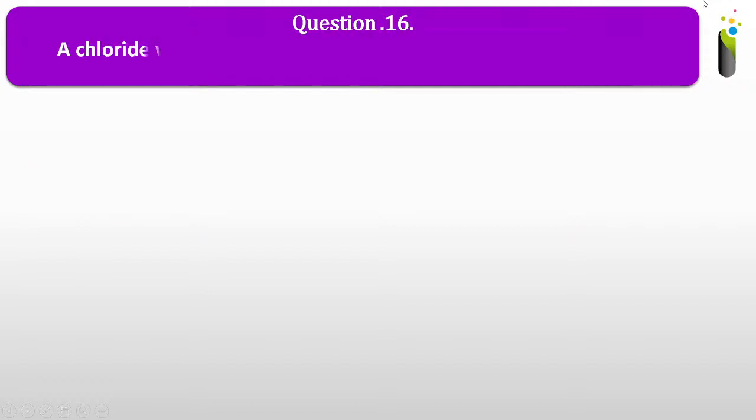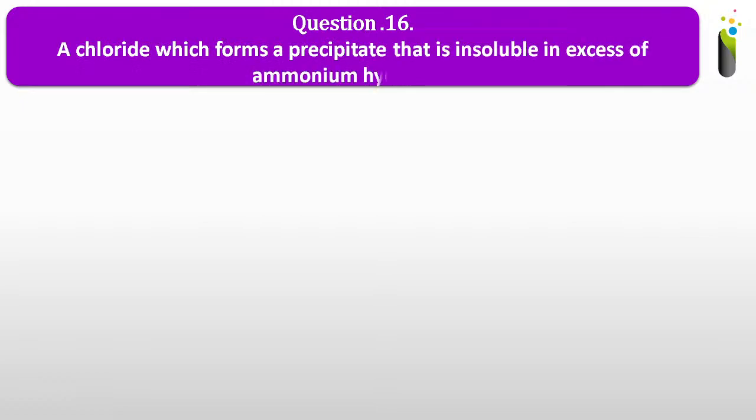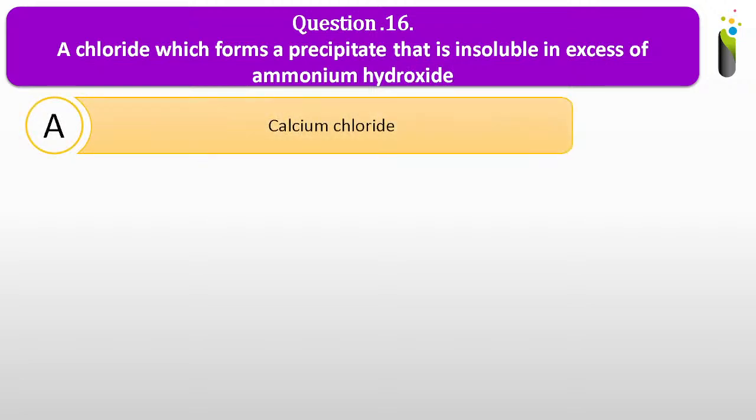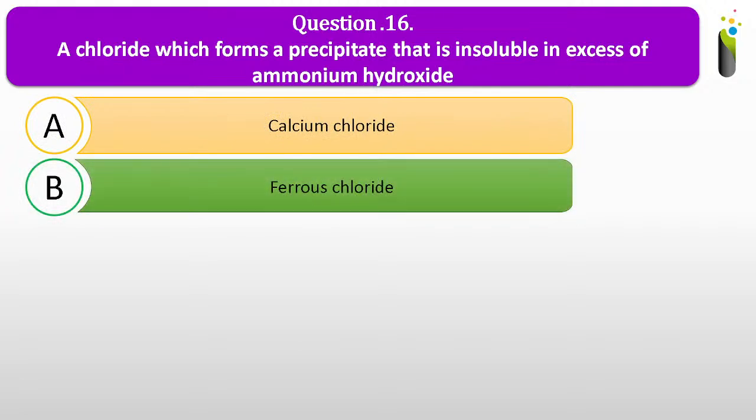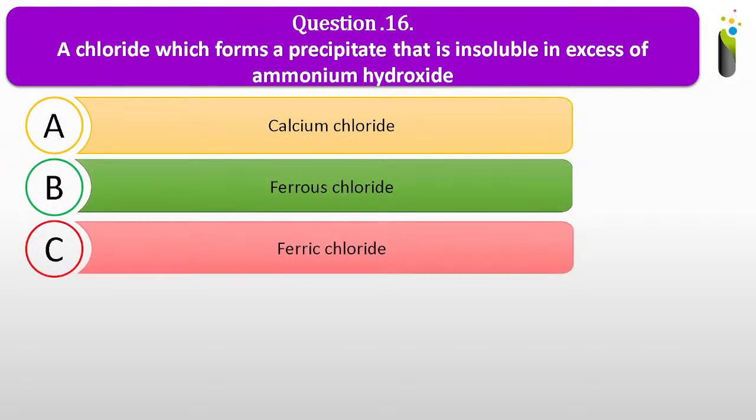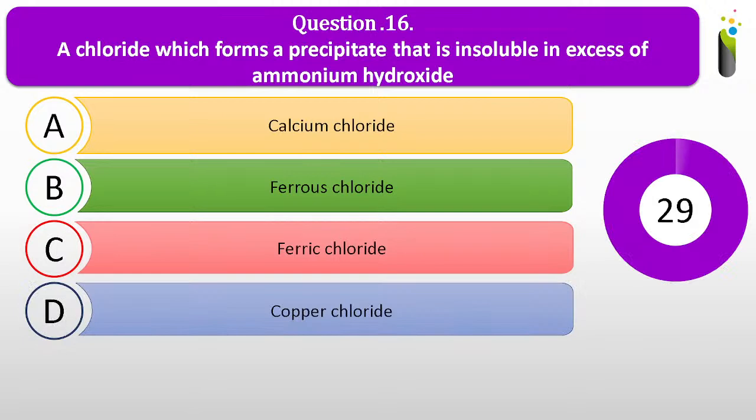Going ahead to question number 16. A chloride which forms a precipitate that is insoluble in excess of ammonium hydroxide is dash. A. Calcium chloride. B. Ferrous chloride. C. Ferric chloride. D. Copper chloride.